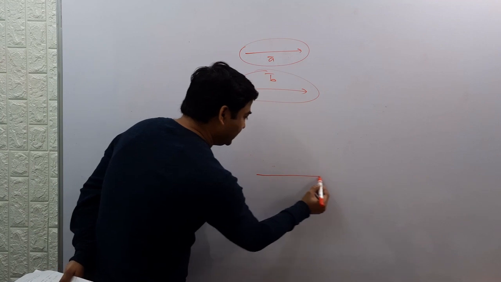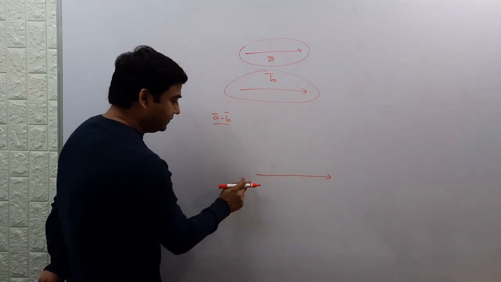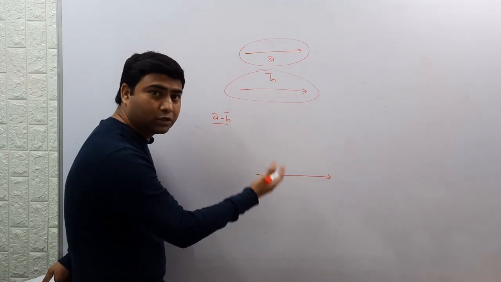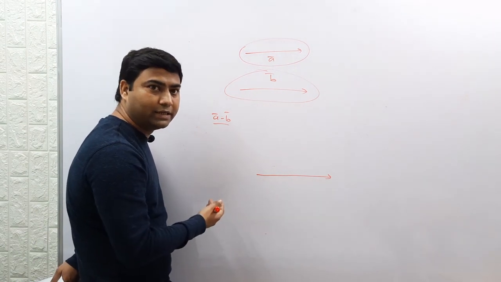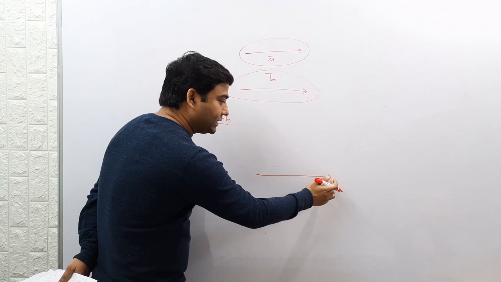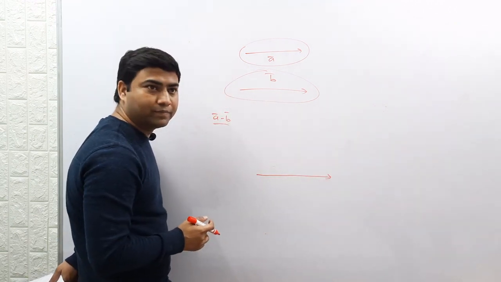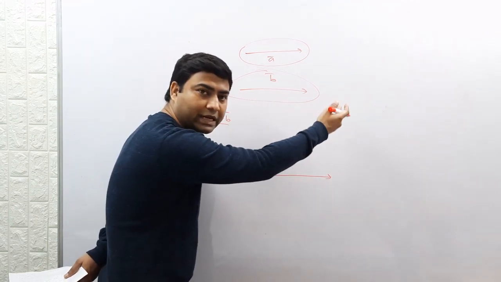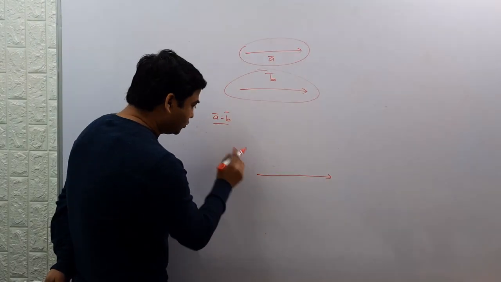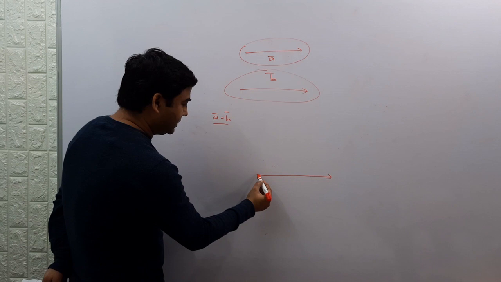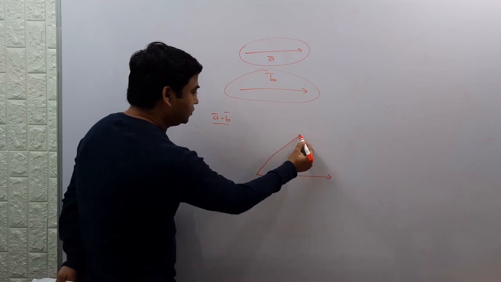Unlike addition, where we used the sequential technique in the triangle law, that is, the head of one vector joins the tail of the second vector, to subtract you just join the tails of these two vectors.